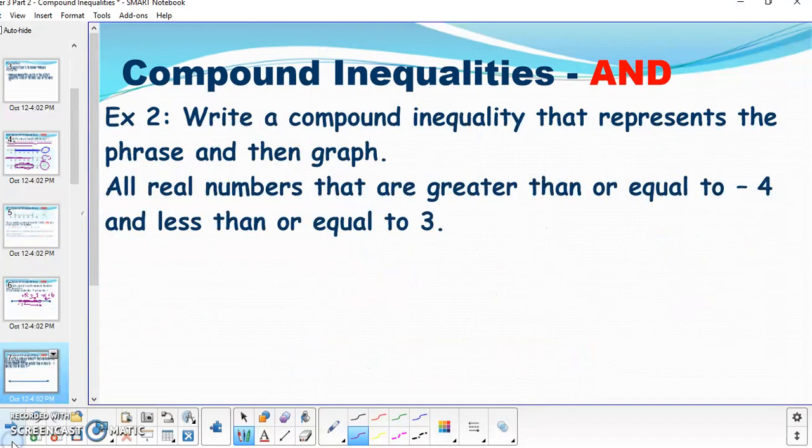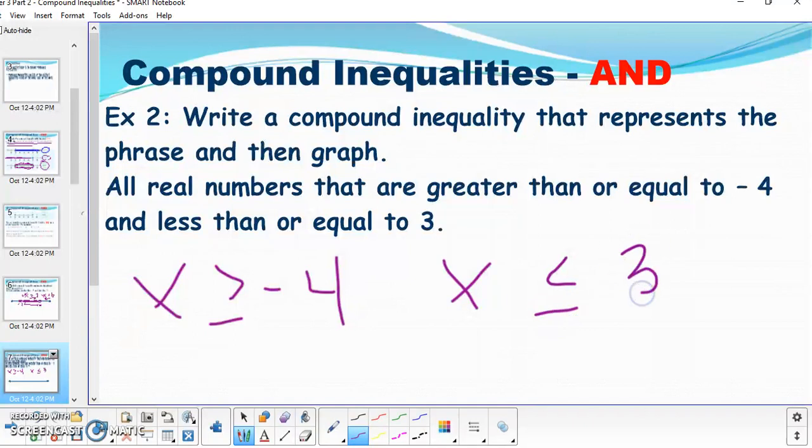Let's continue. Why don't you pause the video here and try this example number 2 for yourself. Keep in mind, all of this should be in your notebook. All real numbers that are greater than or equal to -4 and less than or equal to 3.